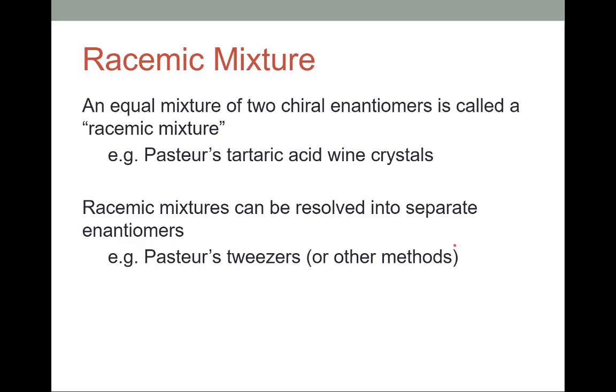The other language we have to talk about here is racemic mixture. I mentioned it in the other video, but it is an equal mixture of the 2 enantiomers. So Pasteur's tartaric acid crystals were this. They can be separated into their individual enantiomers. In Pasteur's case, he got a little lucky. He could see the difference, and so he used tweezers and a visual inspection.